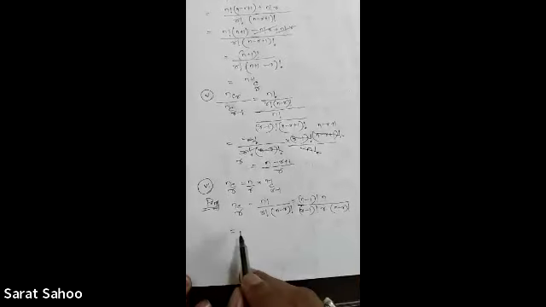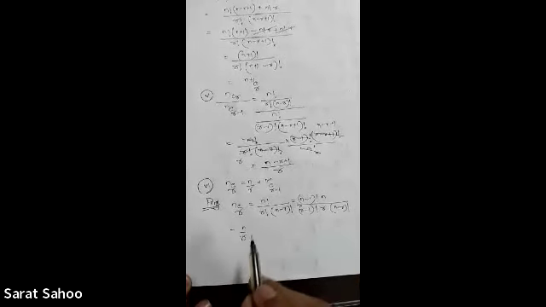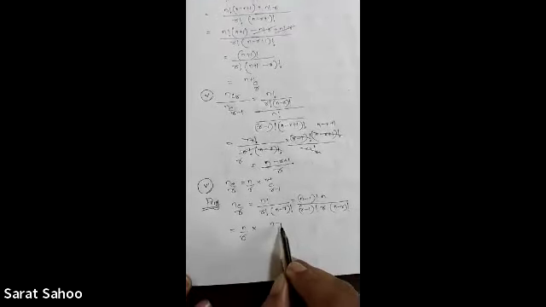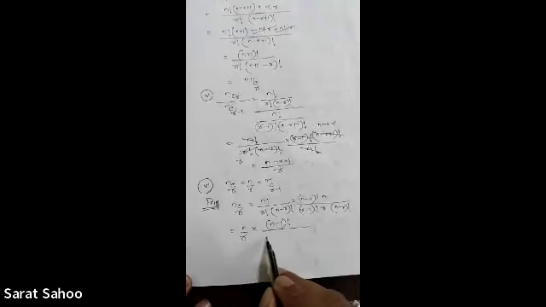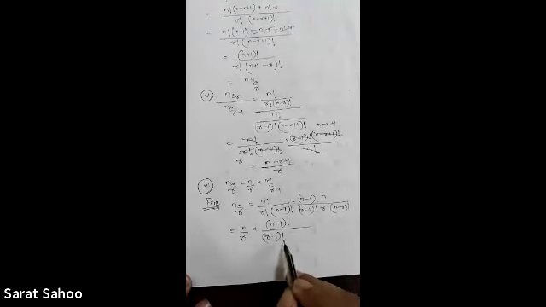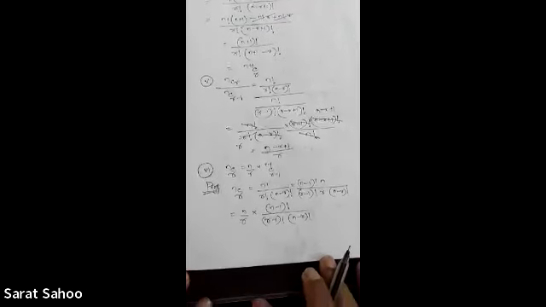So write n by r separately. This is equal to n by r into (n minus 1) factorial upon (r minus 1) factorial into (n minus r) factorial.